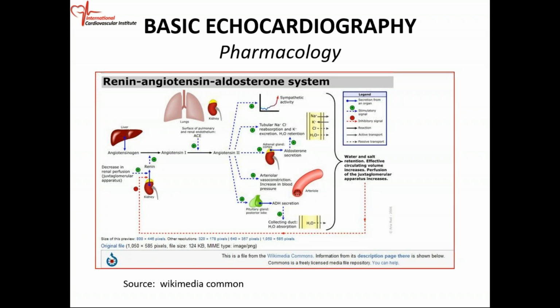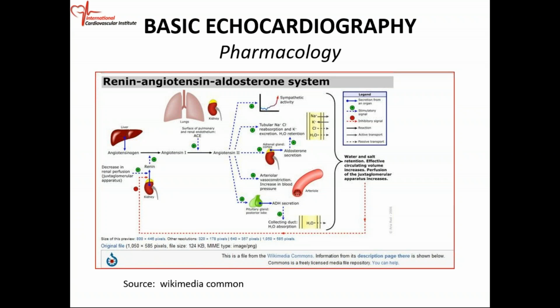Okay, so if we can reduce the amount of angiotensin that has been produced, then we can reduce the blood pressure somewhat. I mean, it stands to reason.